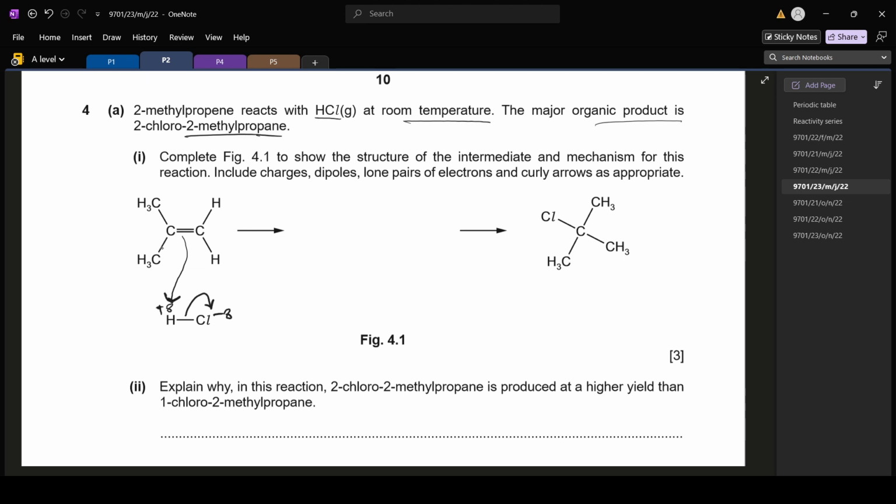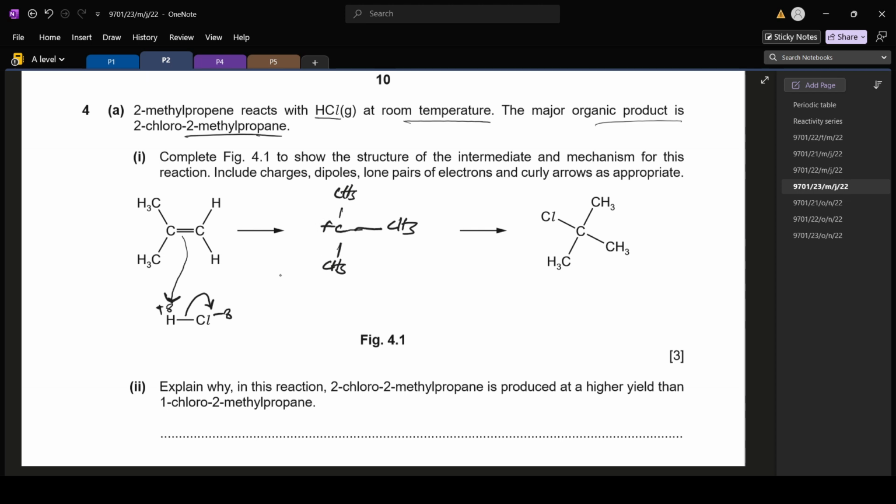Attack this hydrogen, and here you will have an intermediate like this, with a plus. Why is this the intermediate?